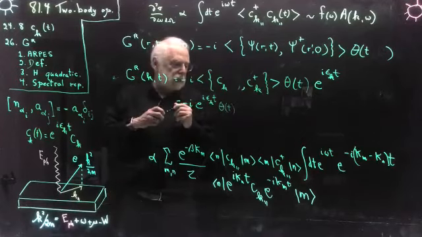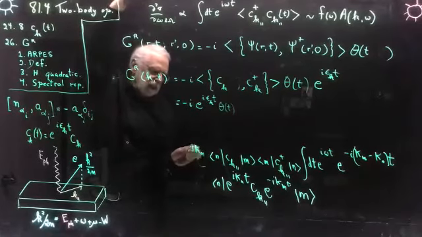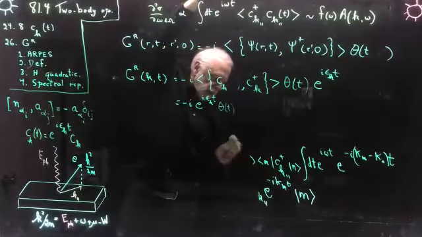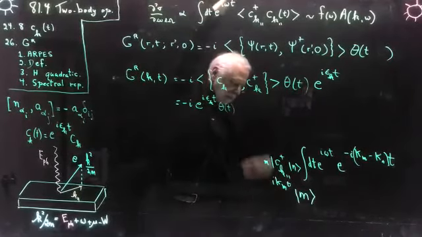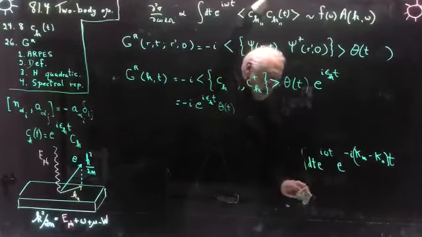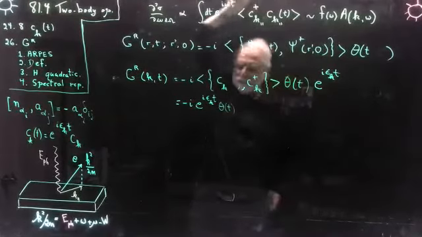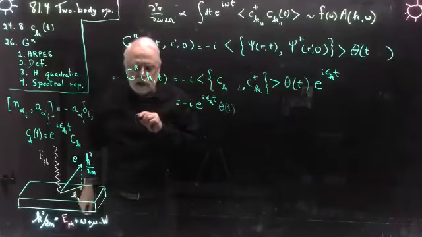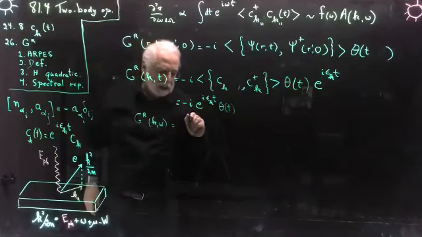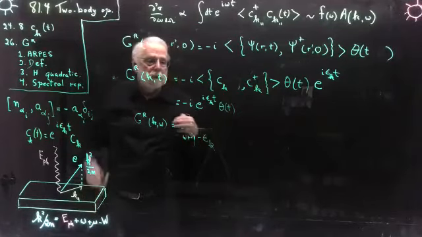And if I go to Fourier space, then G retarded of k and omega, just for this quadratic Hamiltonian, is 1 over omega plus i eta minus epsilon_k, which is again the form that we have.